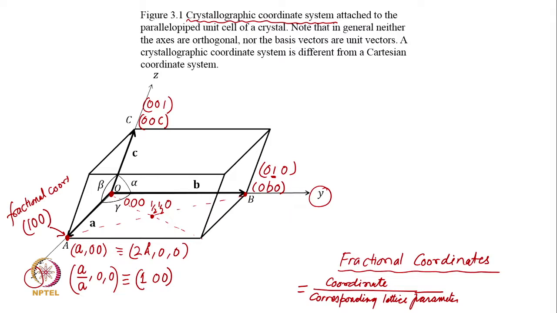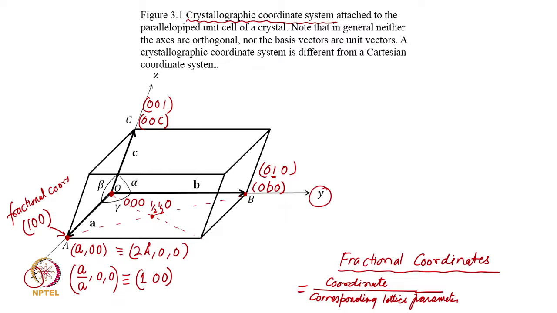Suppose I change the angle gamma to gamma by 2. What will be the coordinate of the face center? Still half, half, 0. So, half, half, 0 blindly I know is the center of the bottom face of the unit cell. You do not have to tell me A, B, C, alpha, beta, gamma. So, that information is quickly transmitted.